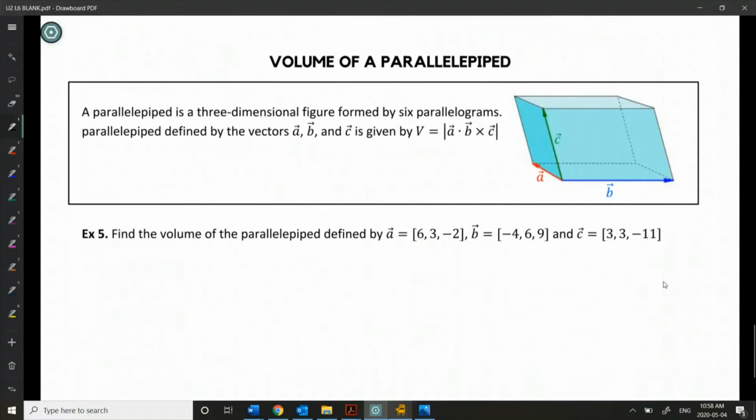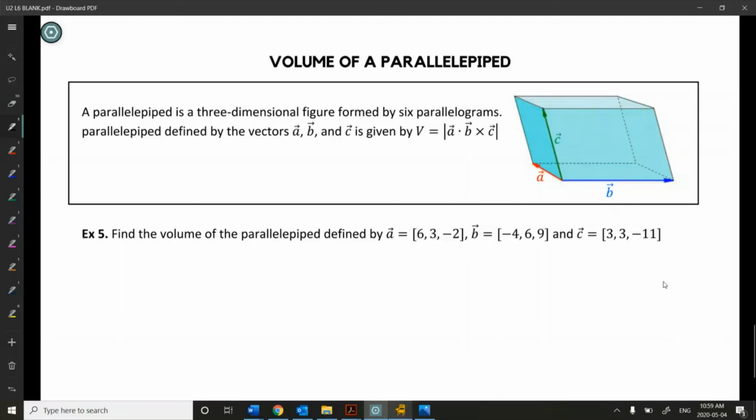We can use the triple scalar product for this specific application, and that is finding the volume of the three-dimensional figure that could be formed by 6 parallelograms. And things like cubes are also considered parallelepipeds because they have opposite sides formed with technically parallelograms. So we can use it for things like that as well.